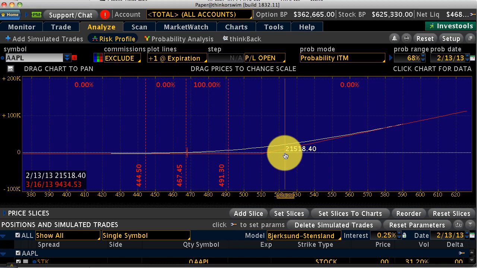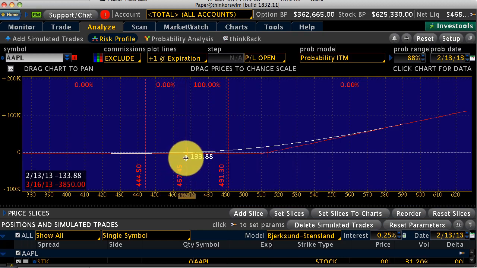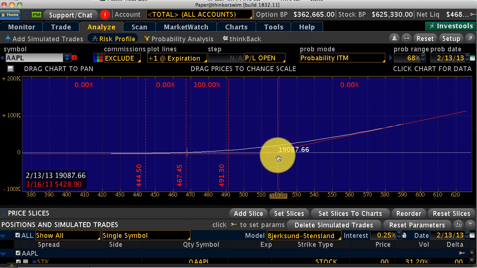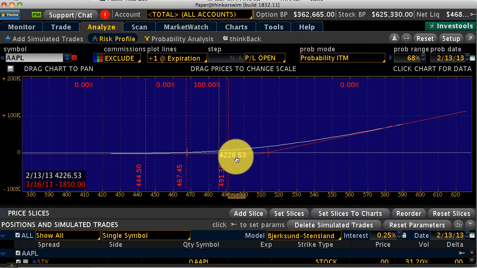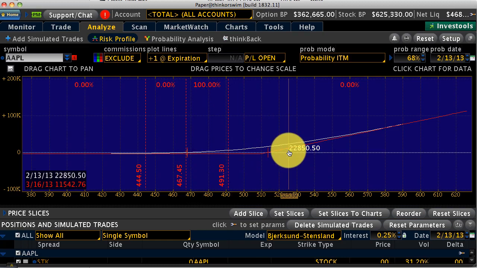And that's because you're paying so less for this option. You're paying only $3.85. And if Apple were to move from 467 to 510 or 520, you're going to see that the $3.85 option is now worth perhaps $10 or $11.